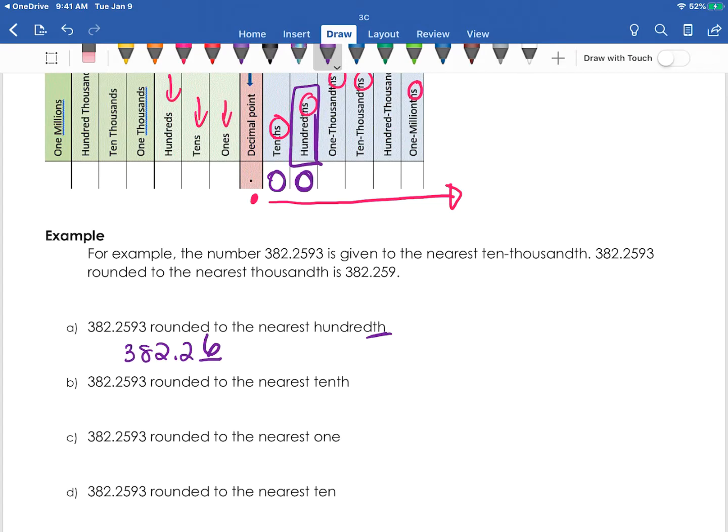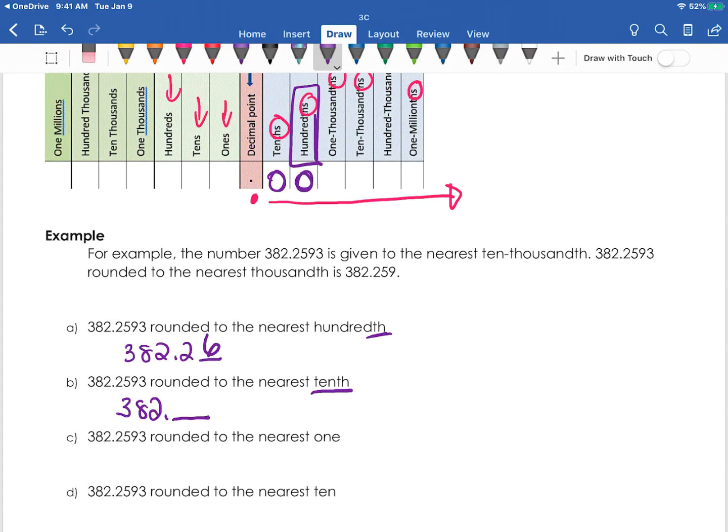Now if I take that same number, 382.2593, and I want to round it to the nearest tenth, that's one place to the right of the decimal, tenth, that has that TH on the end of it, so I know it's going to be to the right of the decimal. So I want to have 382 point and then one decimal place. So do I keep it a 2 or do I bump it up to a 3?